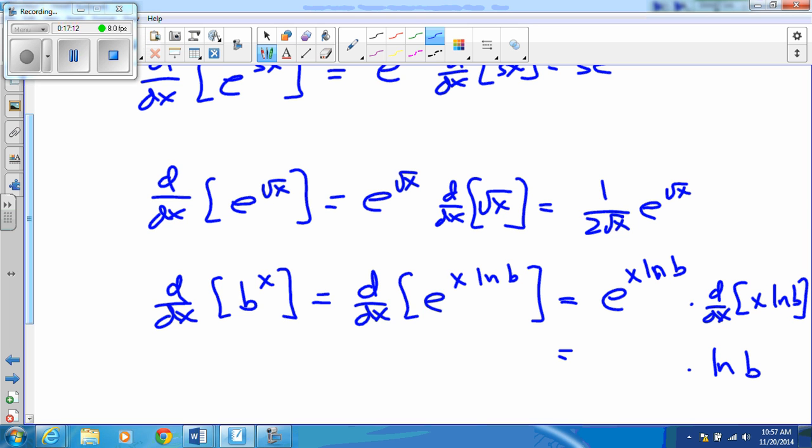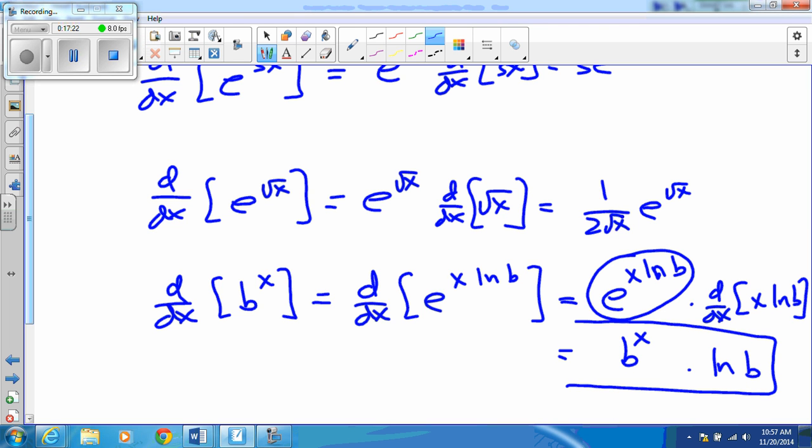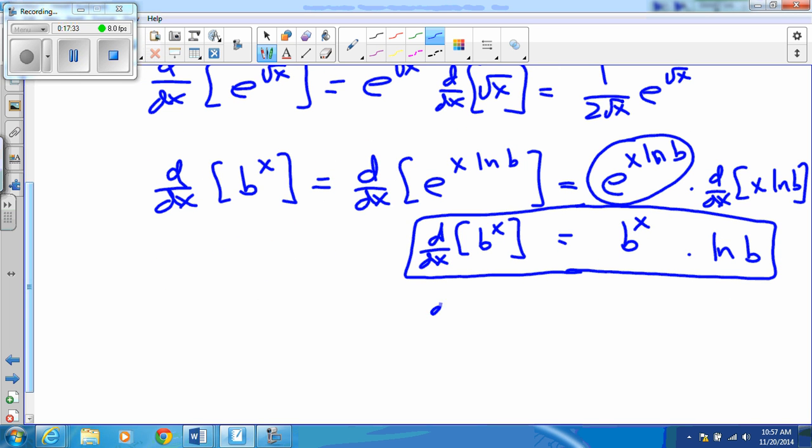So what we really have here is natural log of b times the derivative of x, which is just 1. But wait, there's more. Because this factor right here is the original exponential, which is equal to b to the x. And so we have that the derivative of any exponential b to the x is equal to itself times the natural log of the base.